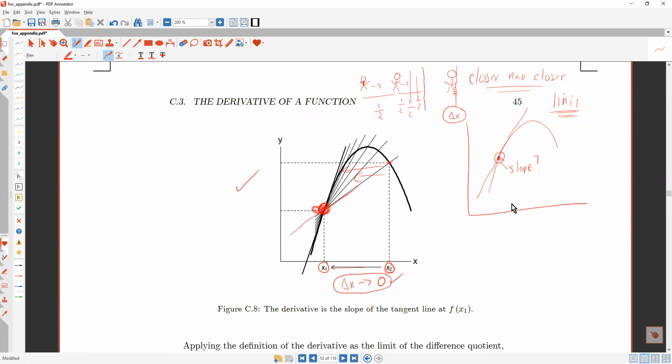That is what the derivative is. But to get to that point, to describe that point, we can't simply say there's some change in x. We have to say the change in x goes to 0. And for that, that's where we needed the limit concept. Okay? So the limit concept is describing that closer and closer idea.